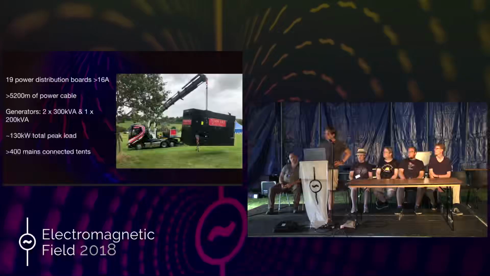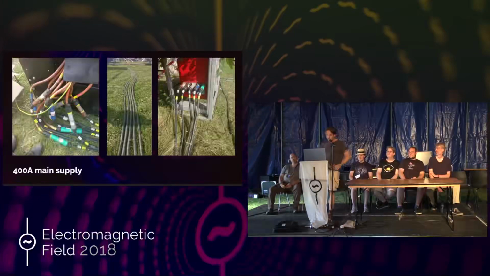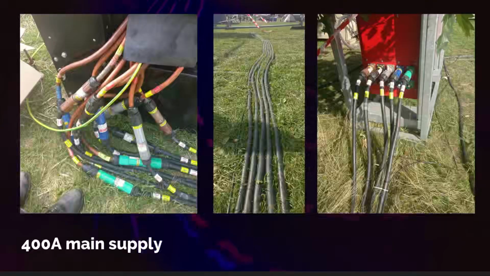Somebody went round just now and counted all of the people plugged in, and apparently there's more than 400. I didn't verify that number. So this is the main supply of one of the generators. That's the one up there, and we have these juicy 400 amp cables going away from those.